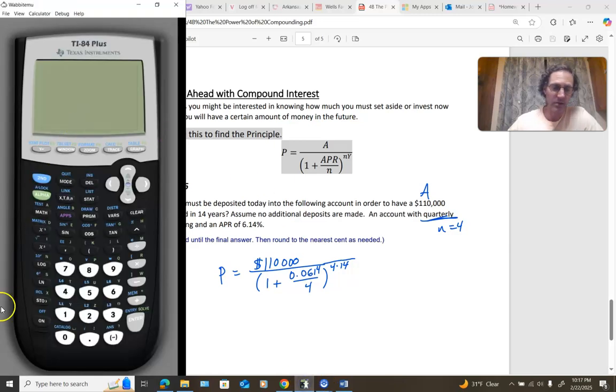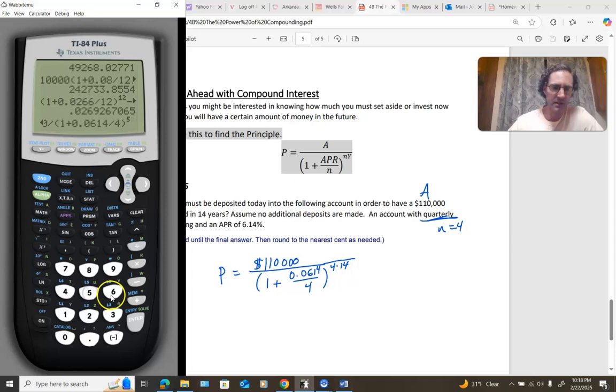Okay, so I'm just going to use the calculator. I'm going to say 110,000, divide this, open my parentheses. I'll say 1 plus 0.0614, and I'll divide that by 4. Close those parentheses, and I'll raise this to the power of 4 times 14. You could go ahead and multiply those.